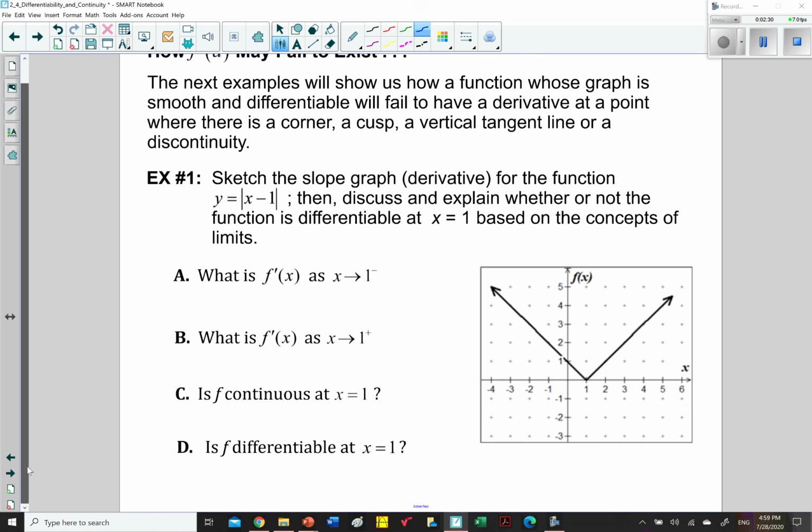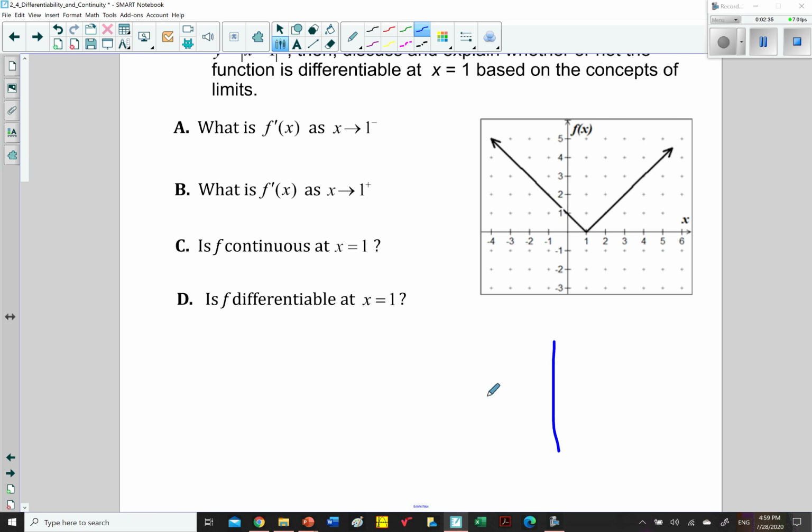So at 1, the slope is -1 everywhere to the left, and the slope is +1 everywhere to the right.